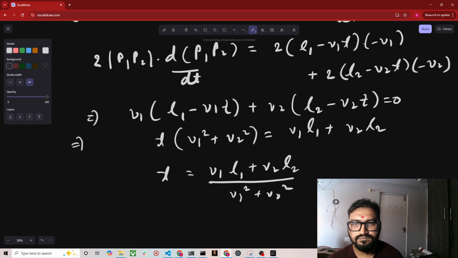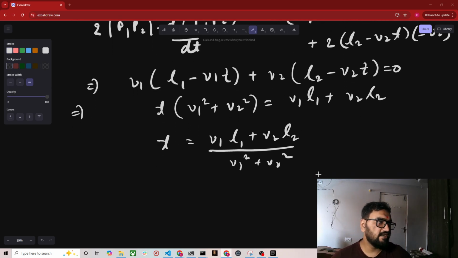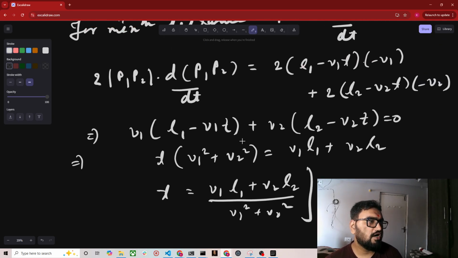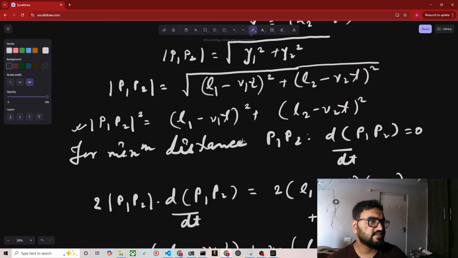Alright, now we need to find out the minimum distance between P1 and P2, which is the distance between P1 and P2 at this particular time. So basically we need to put in the value of t in this expression, right?